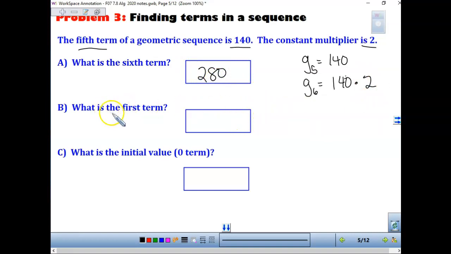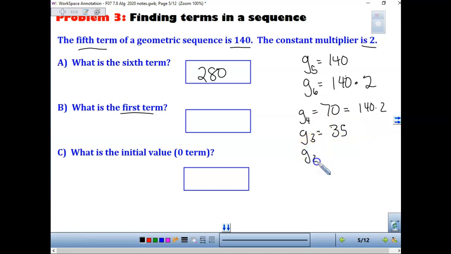But now they ask us to find the first term. So we could go backwards, right? So g to the 4th, we take 140 and divide it by 2. G to the 4th should be 70. How do we get it? Because we're going backwards, divide by 2, right? G to the third should be half of 70, which is 35, right?